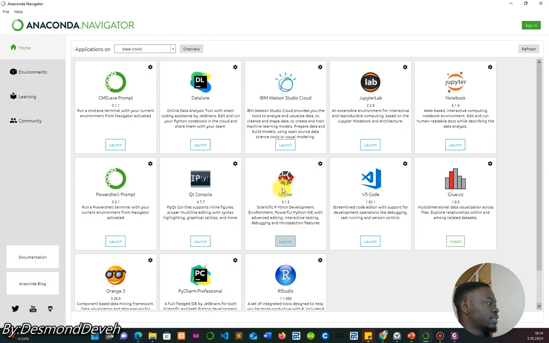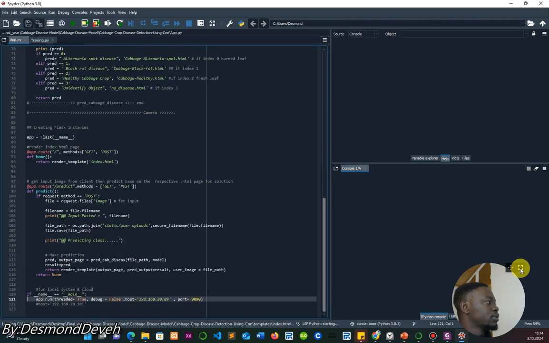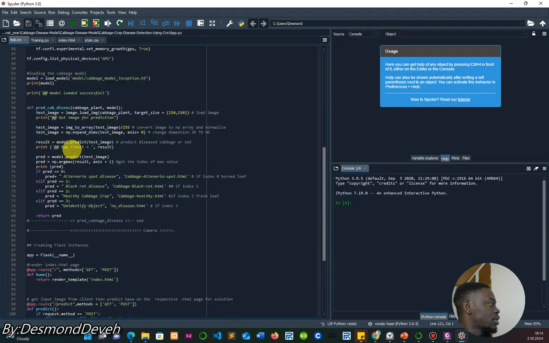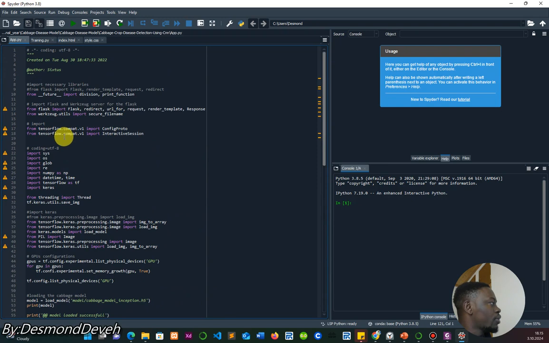Anaconda is running, but I use Spyder, which is a scientific Python development environment. Okay, so it has loaded. Good. So this is the project, and I can walk you through the code and how everything works.